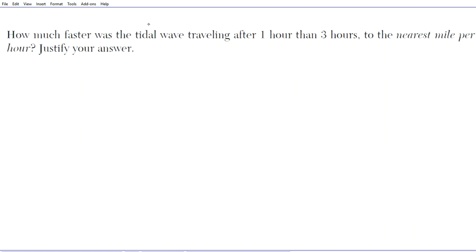Okay, so we just have to find how much more this is than this, so we're just going to subtract. Okay, so we need to determine the speed at 1 hour. So that's basically going to be s of 1. So we just plug it into the function.